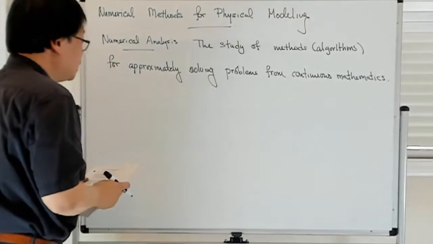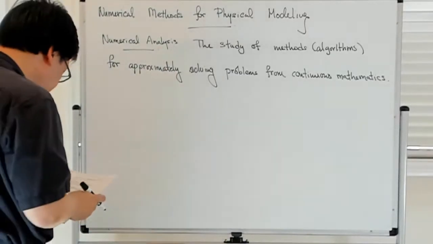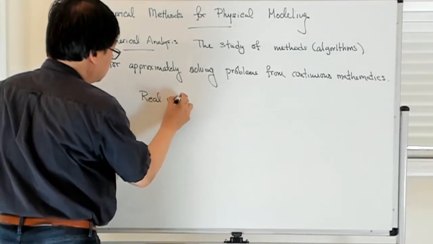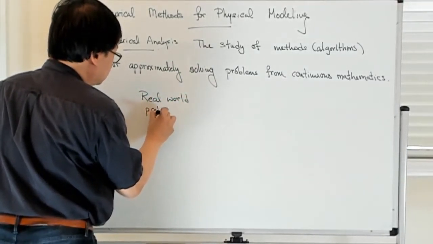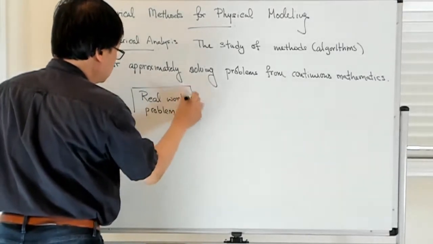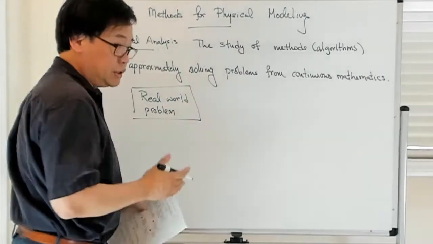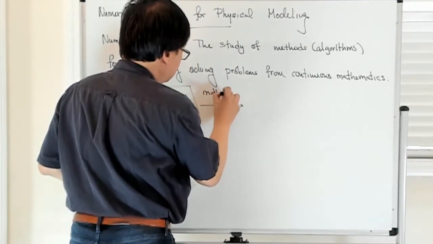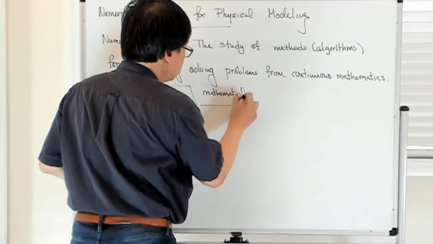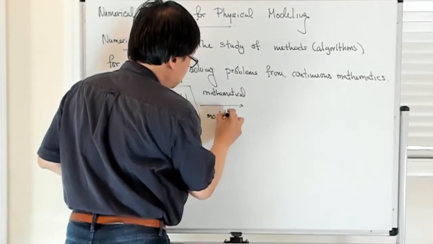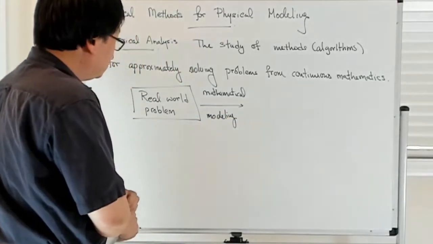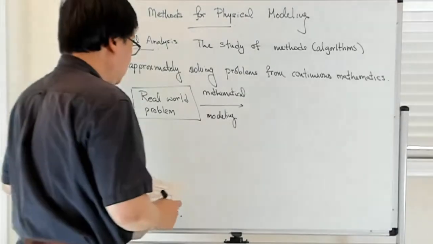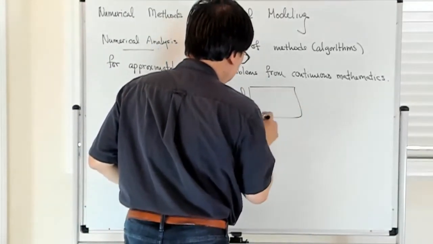Okay, the basic process, if you will, is that you start, in some sense, with a real-world problem. Then we do some sort of mathematical modeling. The goal of this is to abstract the real-world problem into a more well-defined mathematical problem.